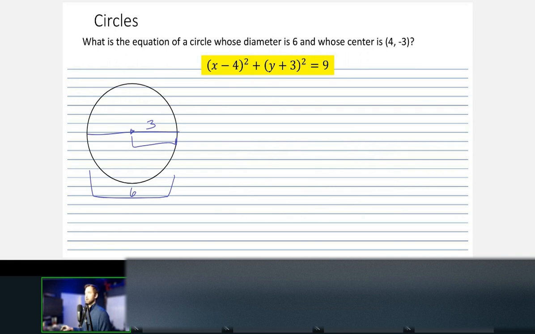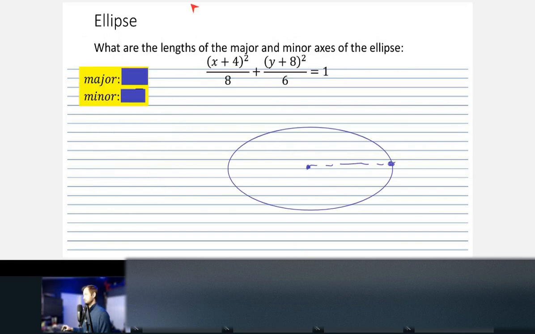Brady, in the previous problem, was this a radius of 9? It's not. And these sort of act like radiuses. This is the radius, so to speak, for the major axis, and this is the radius for the minor axis. Is it 8 and 6? Is it from here to here? Is that going to be a distance of 8 units?